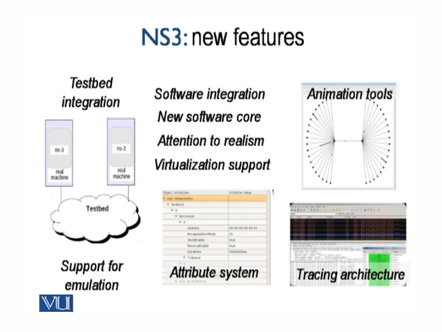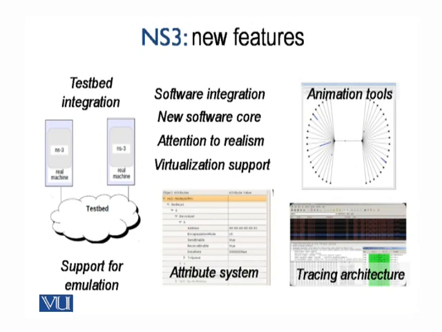Lastly, a very important aspect of NS3 is its tracing architecture. And because of that, we have a concept of trace sources and trace sinks. And we can define trace sources to send their trace data to the trace sinks, which are then specialized nodes that are going to function for analyzing these traces.